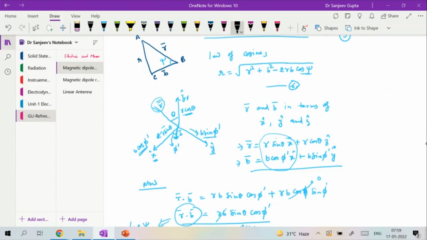If we distribute this R, R can have two components: horizontally it is R sin theta, and vertically it is R cos theta.